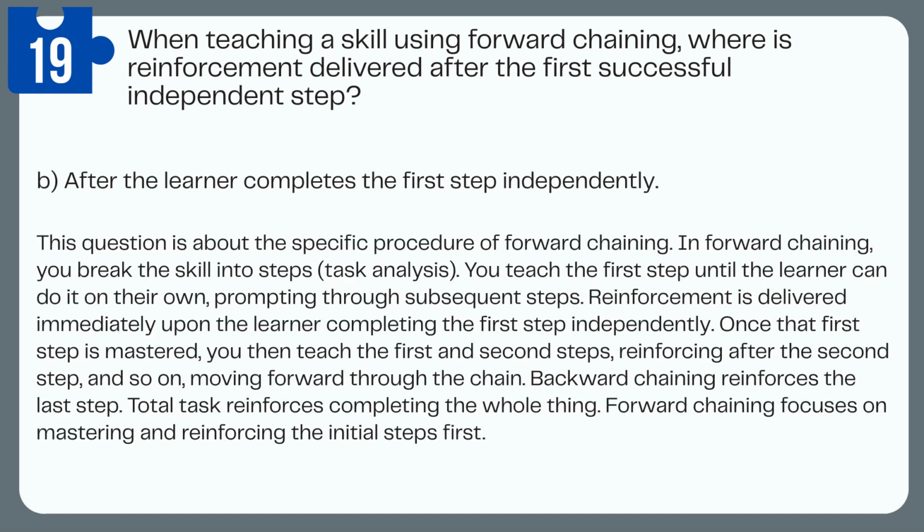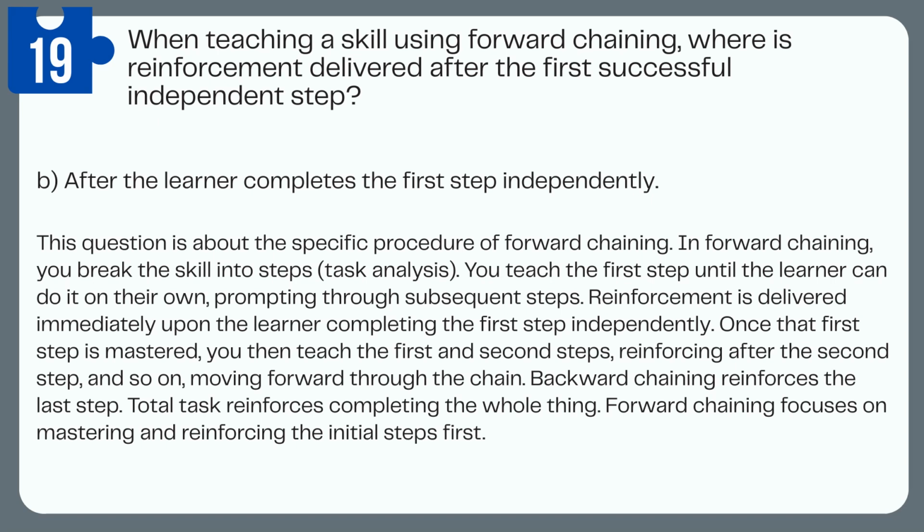Answer: B. After the learner completes the first step independently. This question is about the specific procedure of forward chaining. In forward chaining, you break the skill into steps, task analysis. You teach the first step until the learner can do it on their own, prompting through subsequent steps. Reinforcement is delivered immediately upon the learner completing the first step independently.